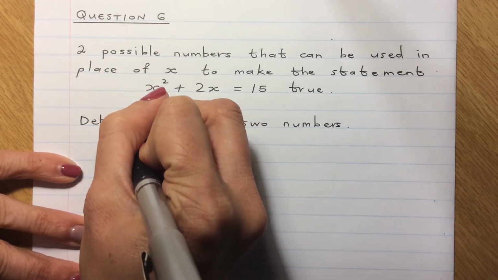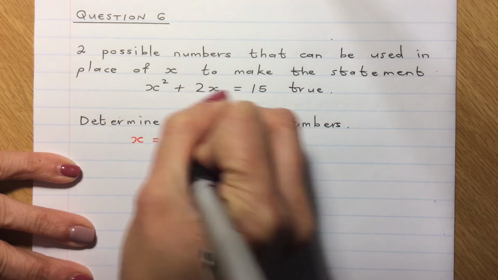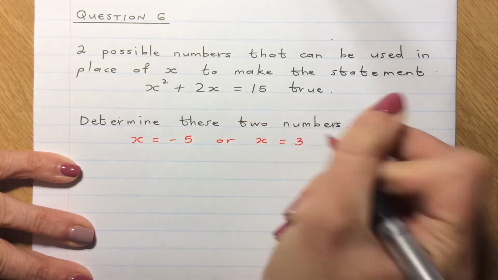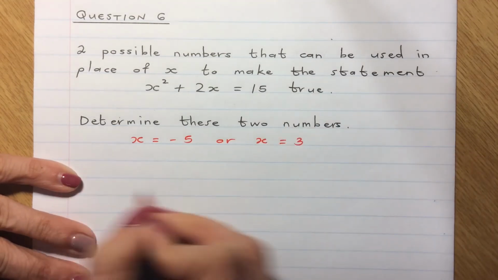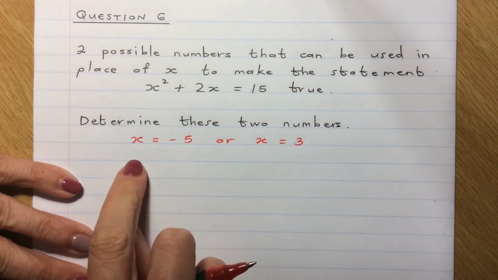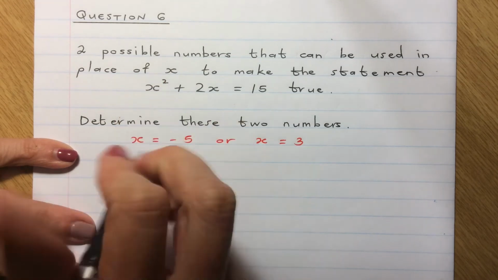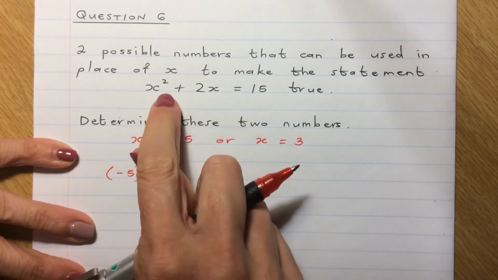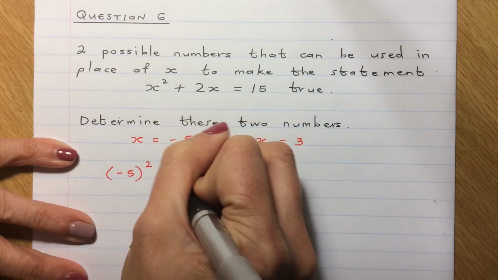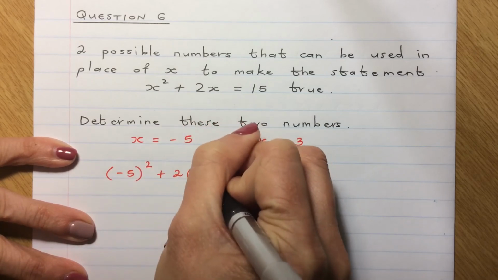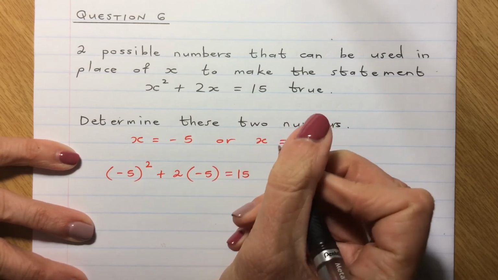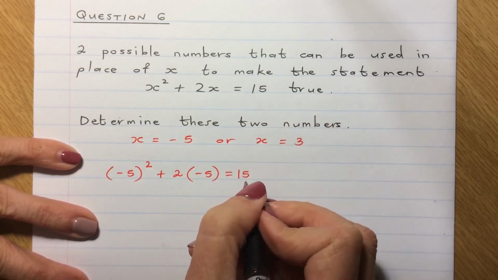So your answers were -5 or x can equal 3. Now, the trial and error method is, if you were playing around here, you would have seen that if I replace x with -5, I put the squared behind it, put my 2 down, and I replace the x with -5. Okay, we need to actually check whether it's 15 or not.